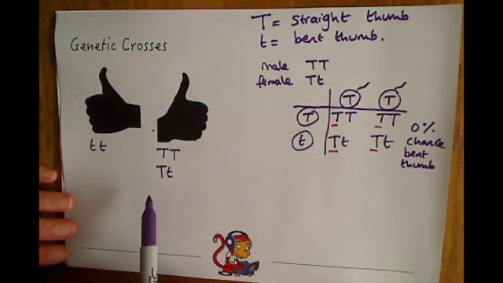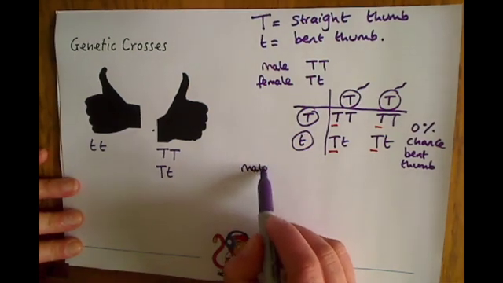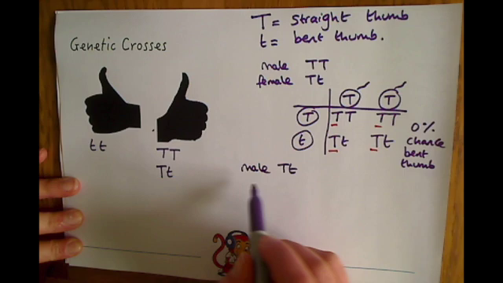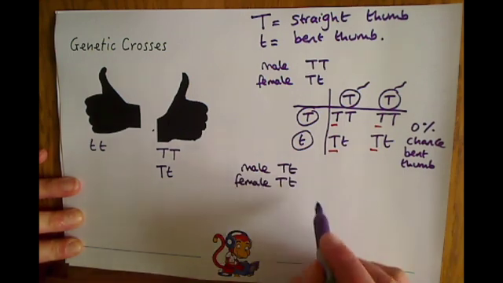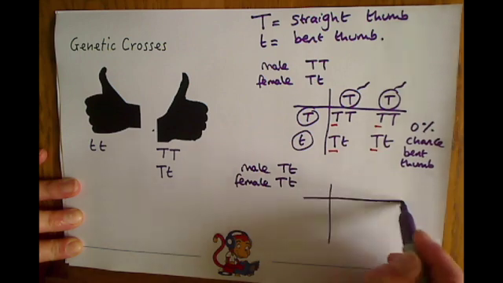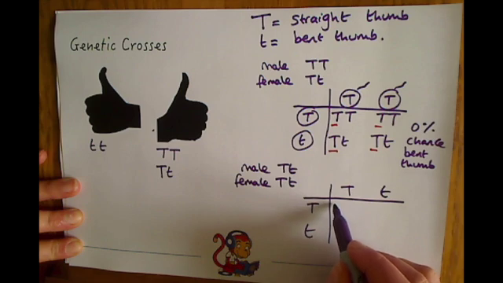Let's think of an example then about where they might have a bent thumb. If we have a male with a dominant and recessive allele and a female with a dominant and recessive allele, if you were to cross those now, you would end up with the following possibilities for the offspring.